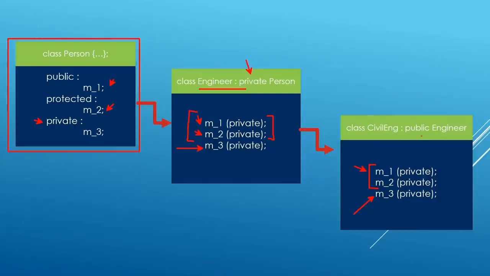So even if civil engineer is doing public inheritance, that's not going to give him any access to these member variables, which are now private to the engineer class. Hopefully you can really see this. And private inheritance is going to really constrain what you can forward down to other classes that are going to be inheriting from you. This is the message I am trying to convey here.